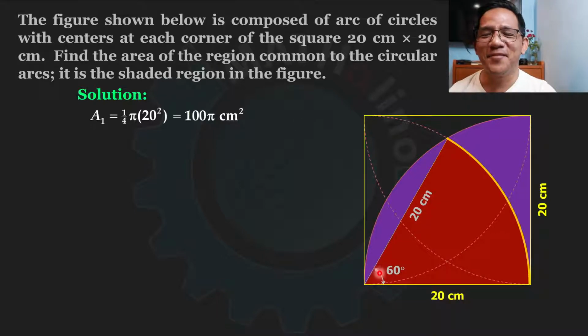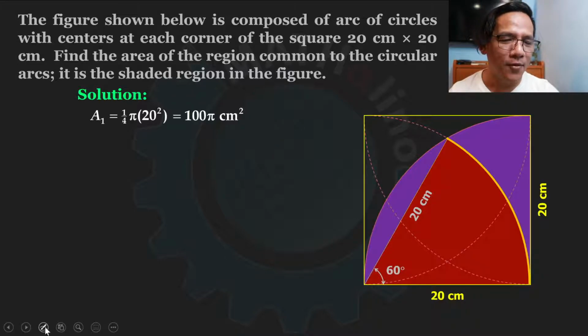All right. How to solve for the sector of the circle? Can you still remember the formula for the sector of the circle with central angle theta in degrees? If you forget that formula, you can actually do it by proportion. I will write it here. By proportion, I will select a color, yellow.